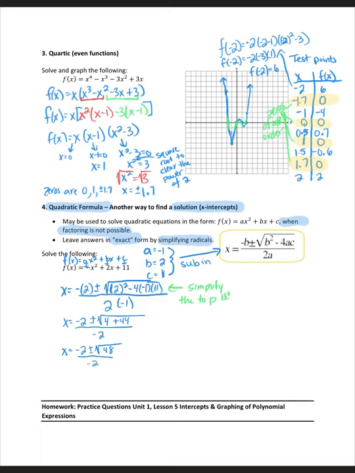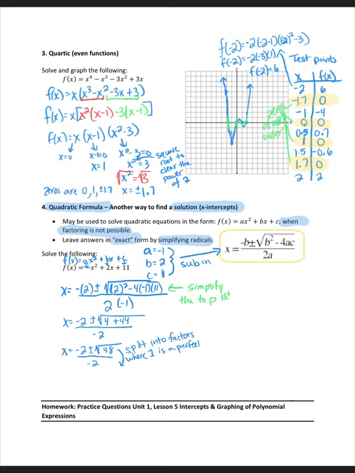When it says leave those radicals in exact form, we should see if we can simplify this radical 48, meaning, can we write it in a form that has a perfect square in it? So we're going to split this radical into factors where one is a perfect square.